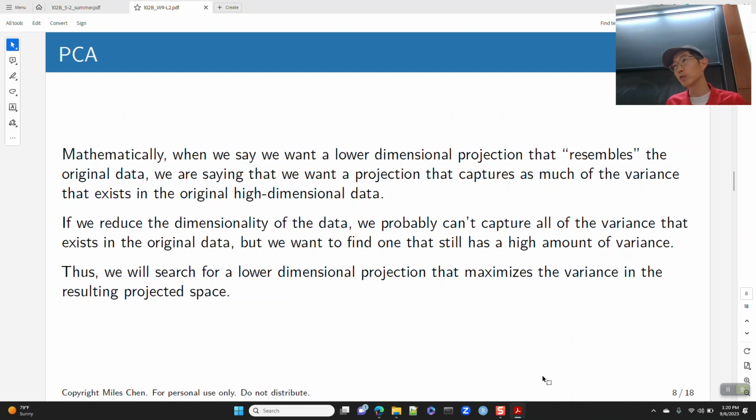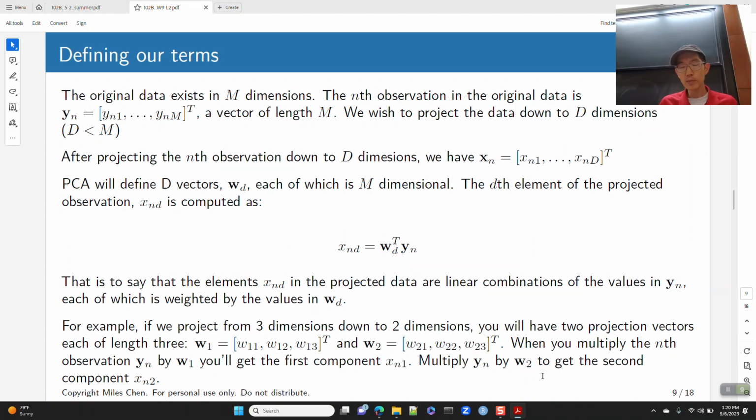So we're saying if I throw away a column of data, I want to minimize the information I'm losing, and the way we're going to do that is by maximizing the variation, or maximizing the information, that I have in the columns I do keep. Okay, so we're going to search for a lower dimensional projection that maximizes the variance in the resulting projected space.